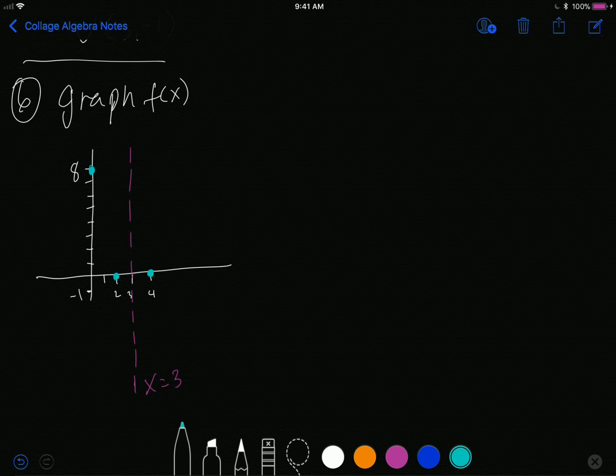The vertex of the graph is at 3, -1, so the vertex is right here. And I know the graph opens upwards. So carefully now, there we go. I have my graph of my problem. Give it a name, they like to be named: x squared minus 6x plus 8.